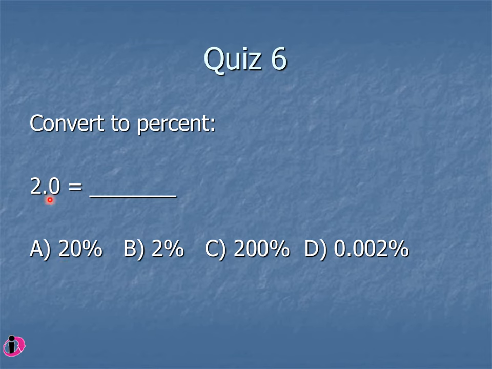So you have a decimal point here. You can assume there are infinite number of zeros after this, right? Because after the decimal point, if you add as many zeros as you want, the number still remains the same. So you just move the decimal point 2 positions to the right, which makes it 200. So the right answer is C.